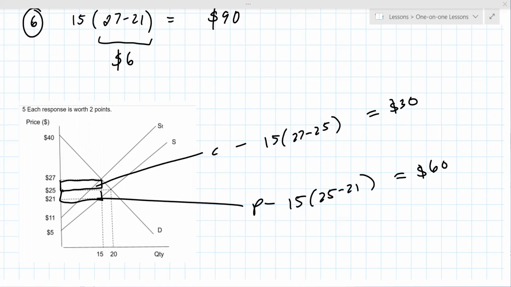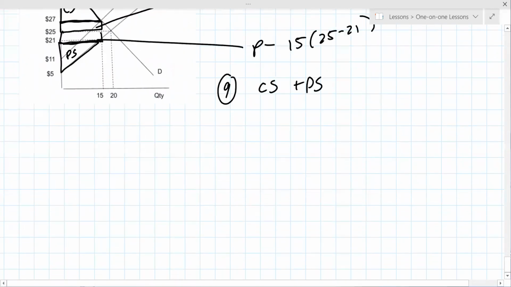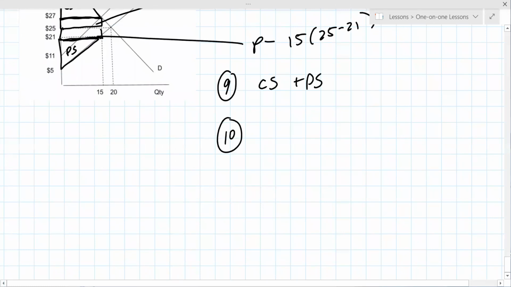The producer, though, is going to get a lot less. They're getting this triangle down here. Maybe they're asking for 9, the new consumer surplus plus the new producer surplus. I wish I could be sure. But 10 is definitely asking for the, oh no, that is what they're asking for in 9. Okay, I can say that for sure, because revenue is much more straightforward.